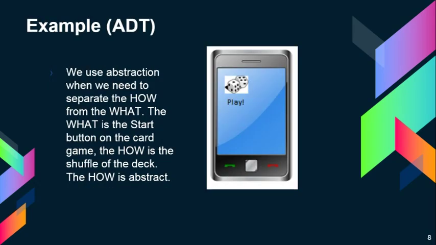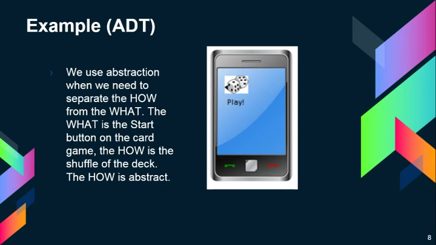In an ADT, we use abstraction when we need to separate the how from the what. The what is the start button on the card game. The how is the shuffling of the deck. The how is the abstract part. So what does it mean? Each time you launch a card game on your smartphone, a game loads. You don't need to know all of the processes that occur behind the scenes.